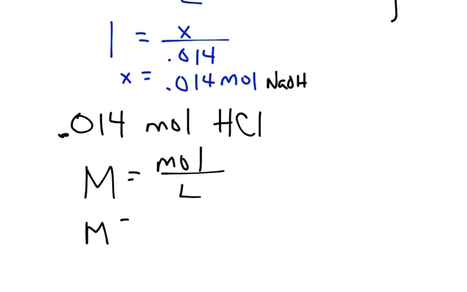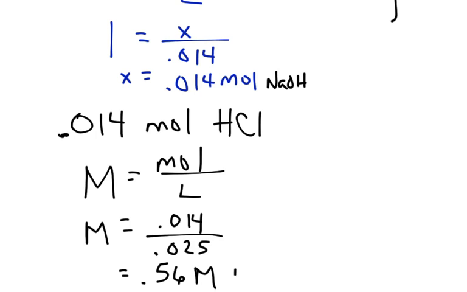I don't know my molarity, but I know I had 0.014 moles. I know I had 0.025 liters. That's my known. What that just told me, if I go to my calculator, is 0.014 divided by 0.025. I had a 0.56 molar solution of hydrochloric acid.